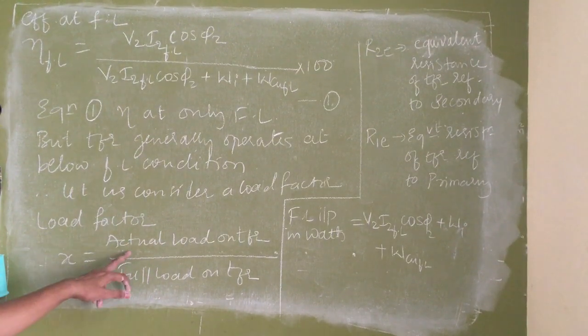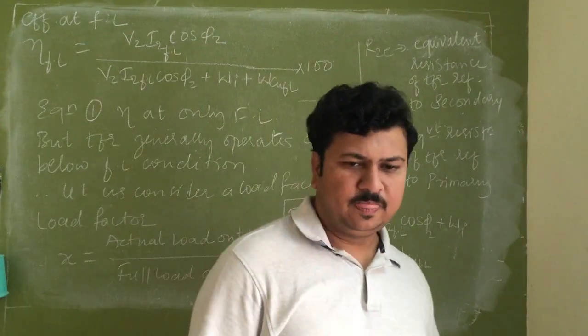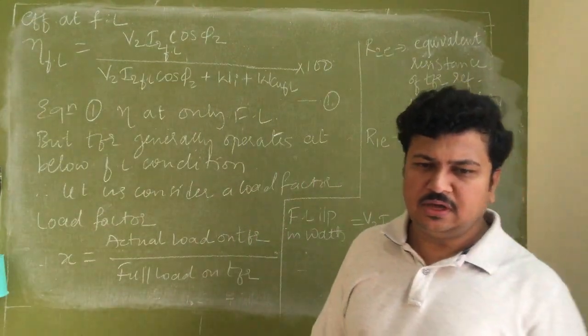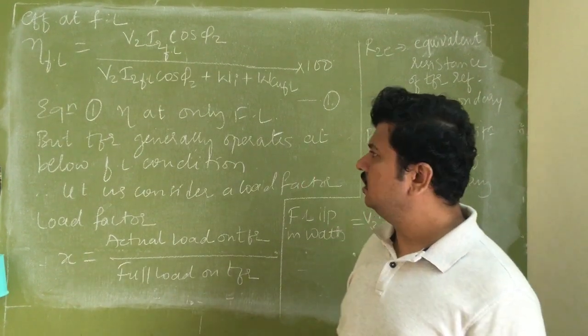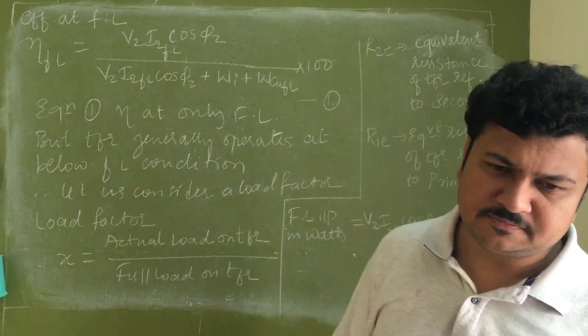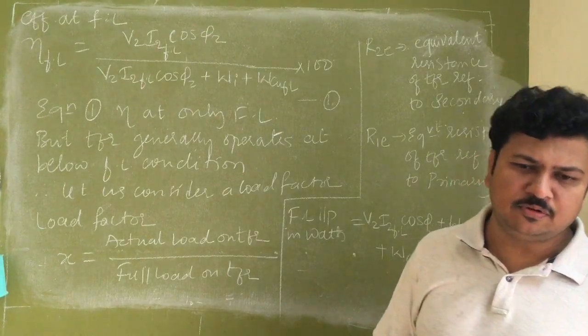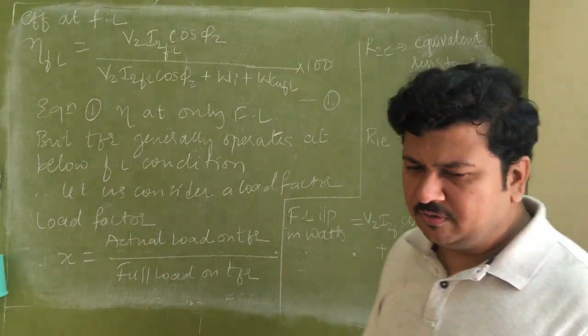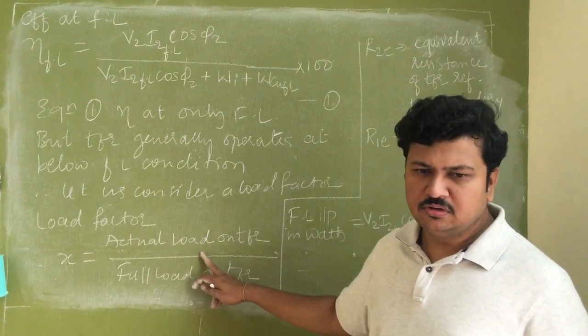If actual load is half the full load condition. So how do I define actual load? I define actual load as a fraction of full load only. I may be asked to calculate the efficiency of transformer at 60% of full load condition, 25% of full load condition, 70% of full load condition. When I say 60% of full load condition, it is 0.6 into the full load.